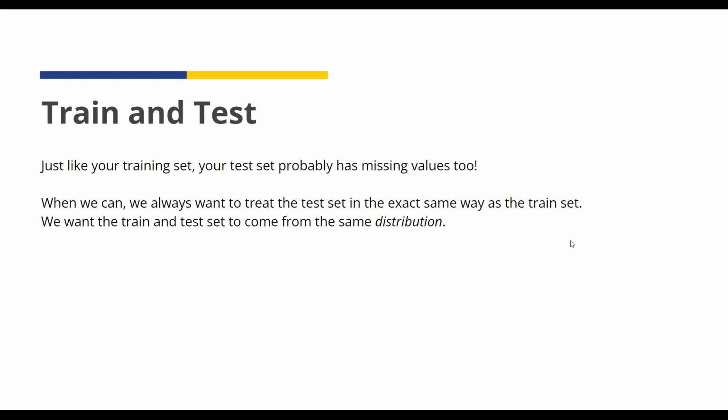Something to keep in mind, the train test concept we talked briefly about before. We'll talk a little bit more about it later on. But in the case of separating your training and test set from your entire data set, you want to always treat your test set the same way you treat your training set, in the way you clean it, in the way you evaluate it, just because they should all ultimately come from the same distribution.